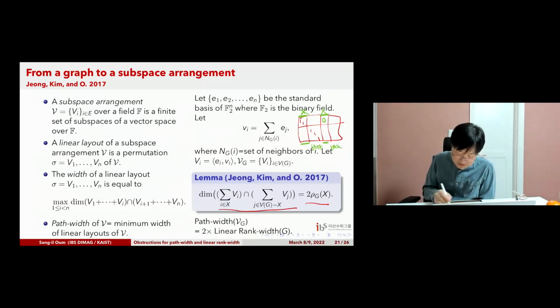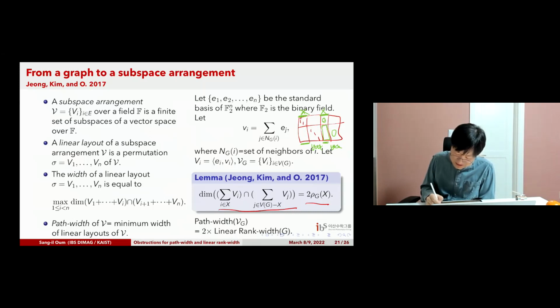Because we have identity parts here, even if I change this to 0, the span doesn't change. Now I look at the intersection of the span of X and the span of the complement, and the intersection can only occur along the dimension of the rank of this matrix.